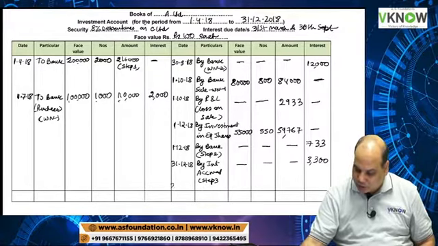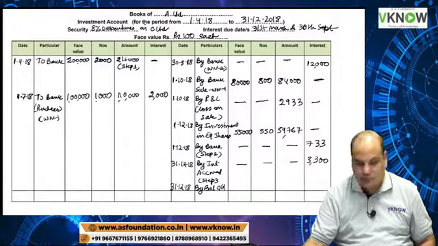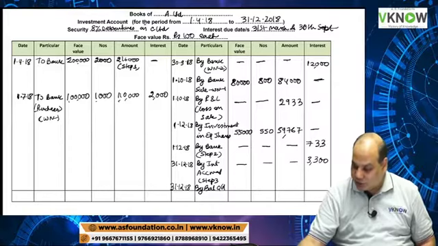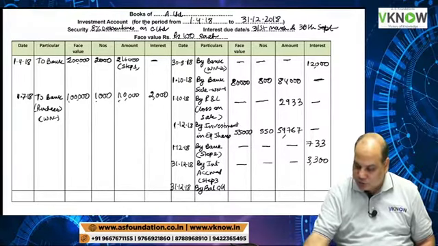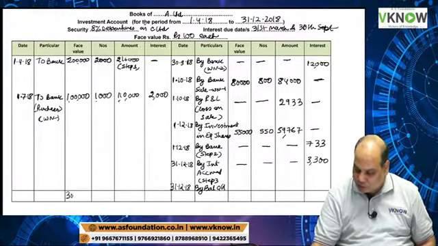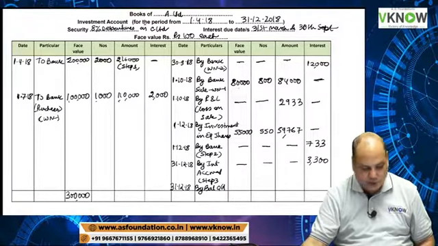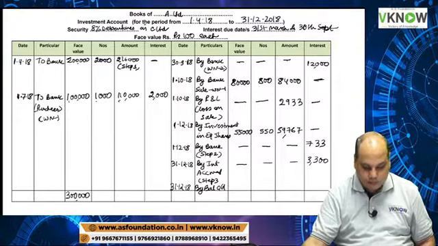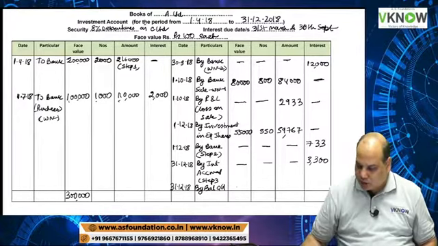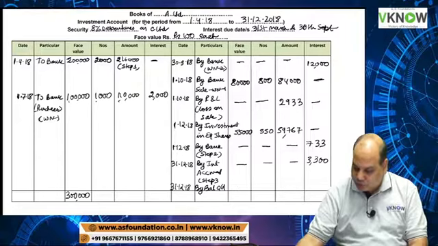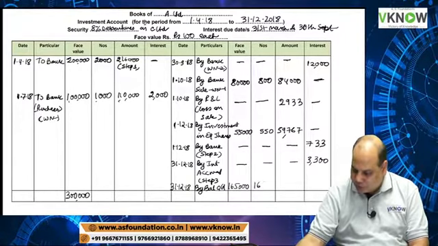And one more line. 31/12/18, by balance carried down. First you take face value total, 3 lakh minus 80,000 minus 55,000. So balance carried down will be 1,65,000, quantity 1650.